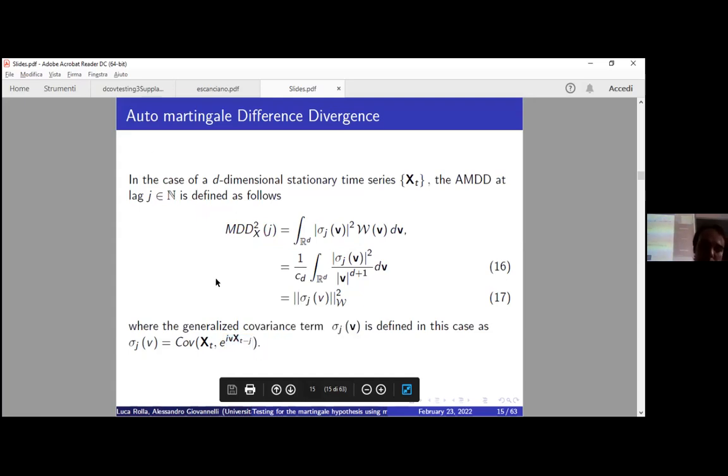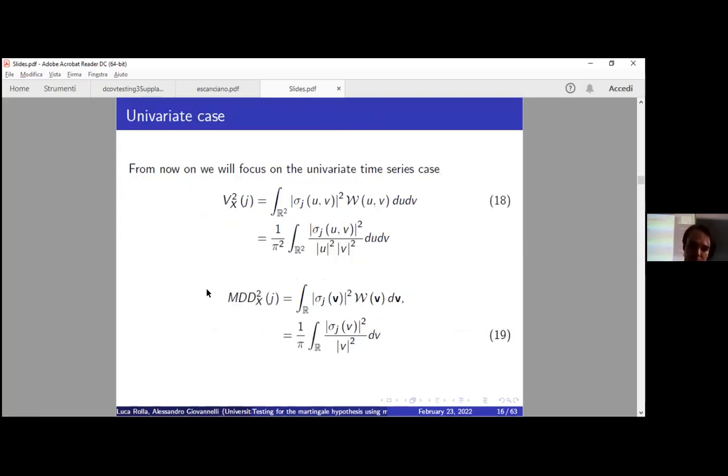And we are basically checking the conditional mean dependence of xt on the entire past information. Okay. From now on, we shall just focus on the univariate time series case. So the statistics will take this form from now on. We obtain a simplification in terms of the weight function.